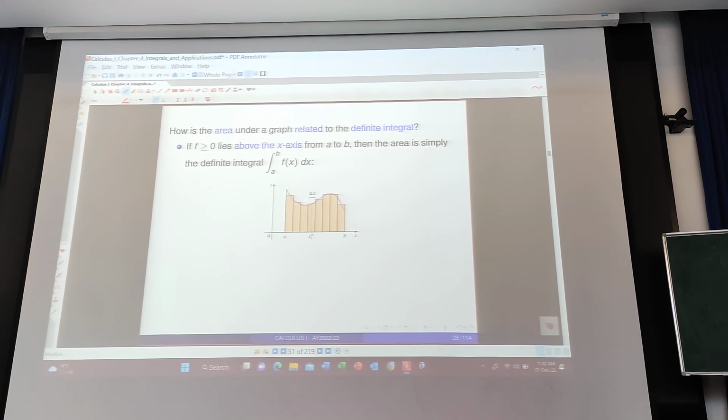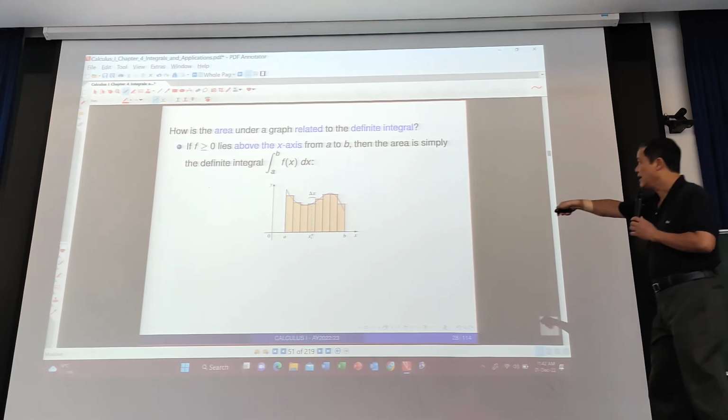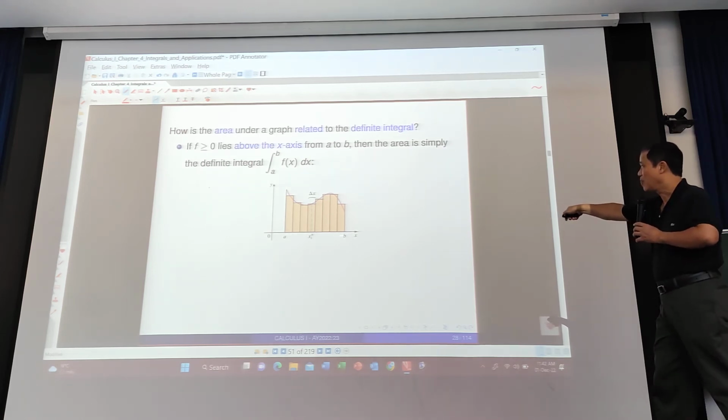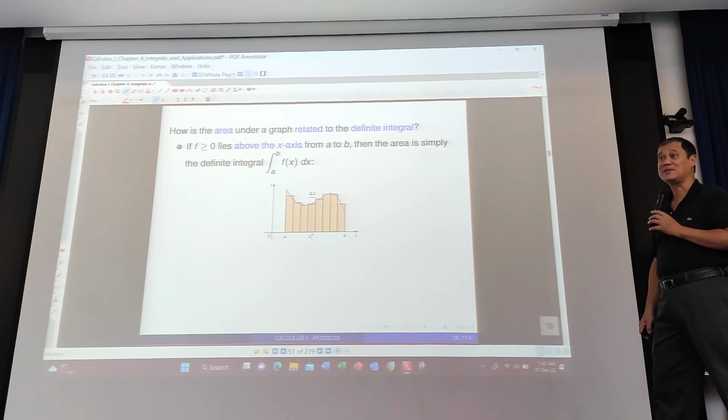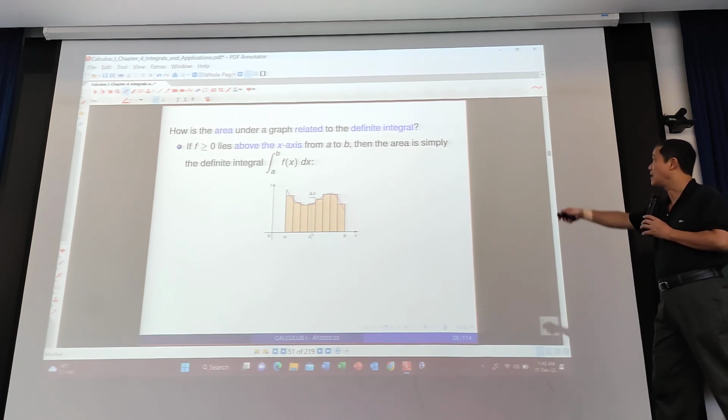I already mentioned and explained that this is the same if f(x) bigger than or equal to 0, which means that the figure lies above the axis. Because in this case, every side với độ rộng là b trừ a trên n là giống nhau, nhưng mà cái độ cao này để tính được diện tích ấy, thì nó phải là số dương thì nó mới ra diện tích, cho nên nó phải lớn hơn bằng 0.